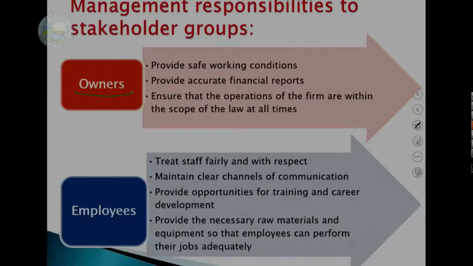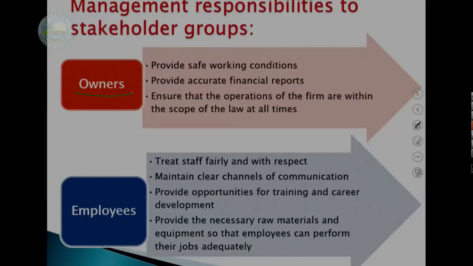All right, so the management's responsibility to the owner is to ensure that the business itself is safe for the employees, that they organize the financial records, that is the expenses and the income that is actually coming within the organization, and to ensure that the firm operates within the law of the country that it operates. All right. Also, it's supposed to bring profits to the owner, which is the major responsibility of management, to ensure that it brings profits to the owner as well.